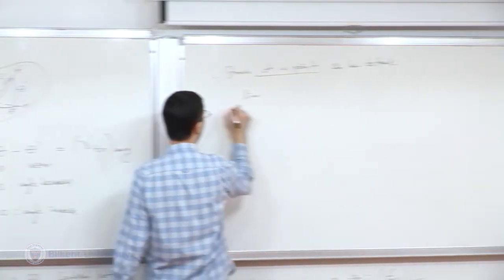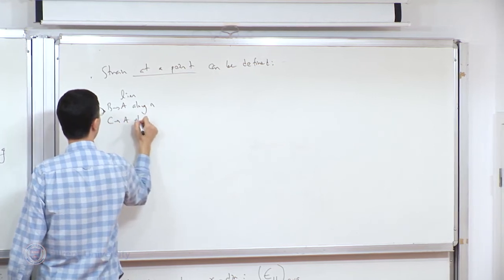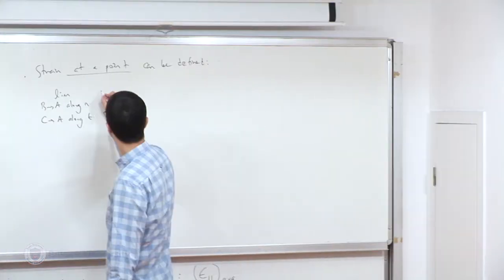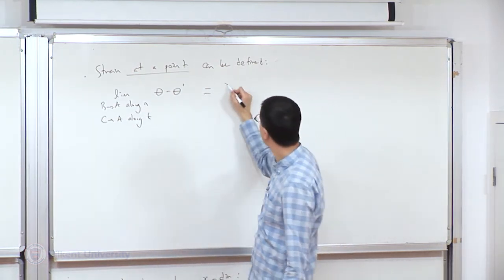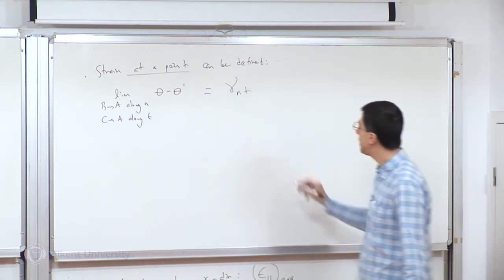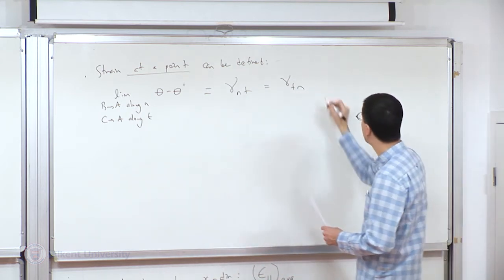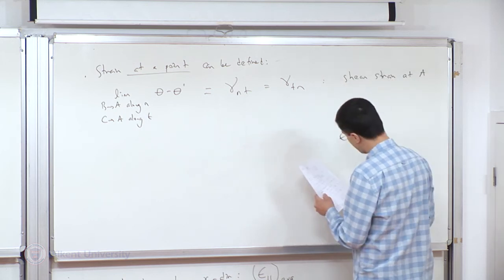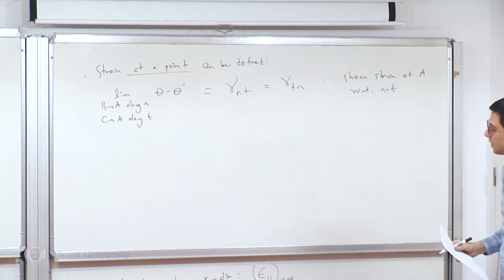So the limit as B goes to A along N, and C goes to A along T, of the average shear strain, theta minus theta prime, gives me the pointwise shear strain with respect to NT, gamma NT. And that is equal to gamma TN. It's the same thing. OK, so that's the shear strain at A with respect to NT.